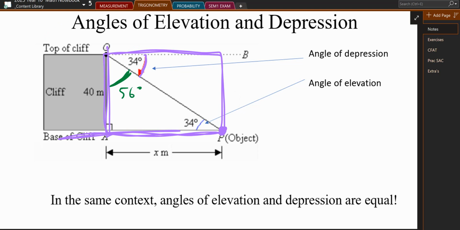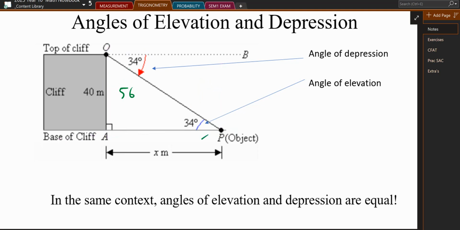And what that also means, because remember that these angles are the same, is that this angle here must also be 56 degrees, because down here you've got a 90-degree angle as well. So they're kind of like mirror alternatives of one another. Keep that in mind.